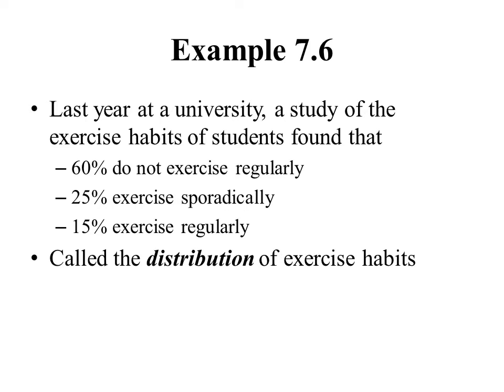And so this set of percentages is generically called the distribution of the exercise habits. We've seen that term distribution before when we talked about the binomial distribution and the normal distribution. Same word, a little different context, but the same basic meaning.